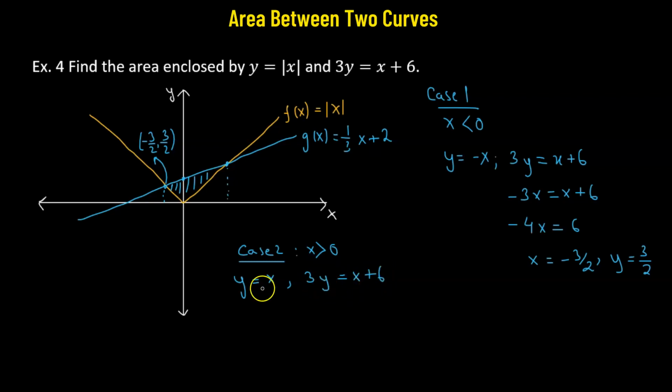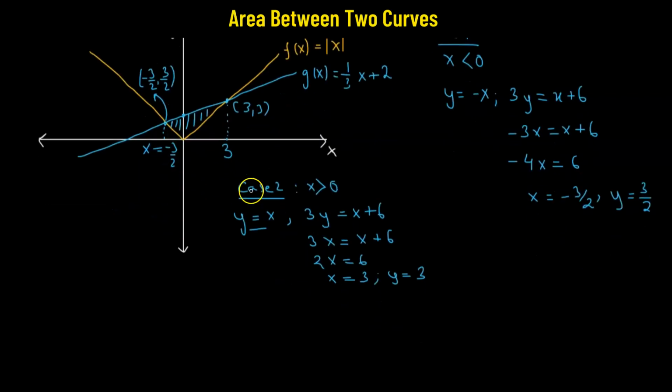So we'll substitute y with x. That will be 3x equals x plus 6. Solving for x, we have 2x equals 6, or x equals 3. And when x is equal to 3, the value of y will automatically be 3 because y equals x. So the coordinate of this intersection point is 3, 3. So our limits of integration will be from x equals negative 3 over 2 to 3.